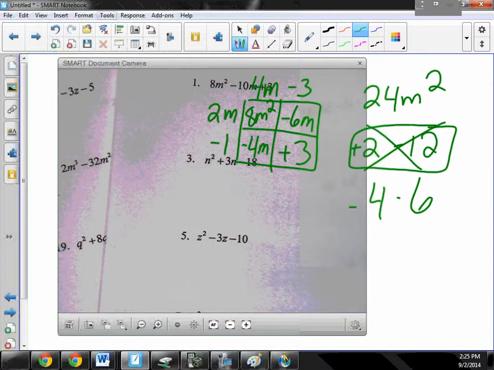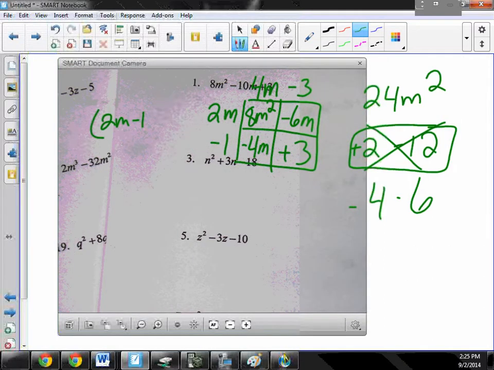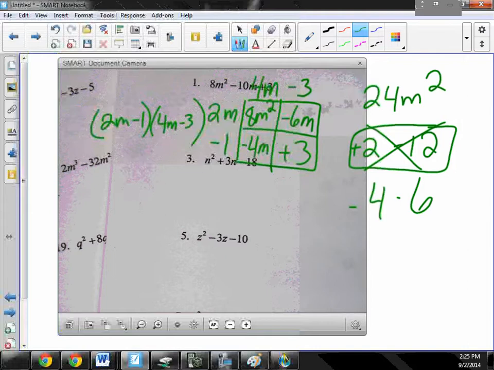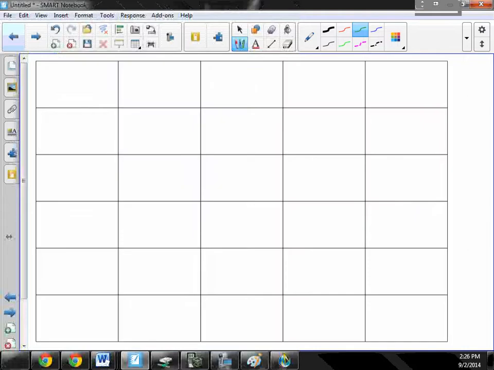Negative 1. Negative 1 times negative 3 is positive 3. So my factors are 2m minus 1 and 4m minus 3. Okay, so 2m minus 1 and 4m minus 3.